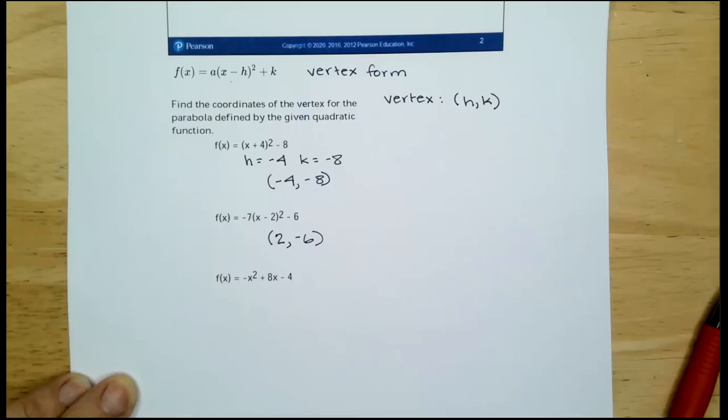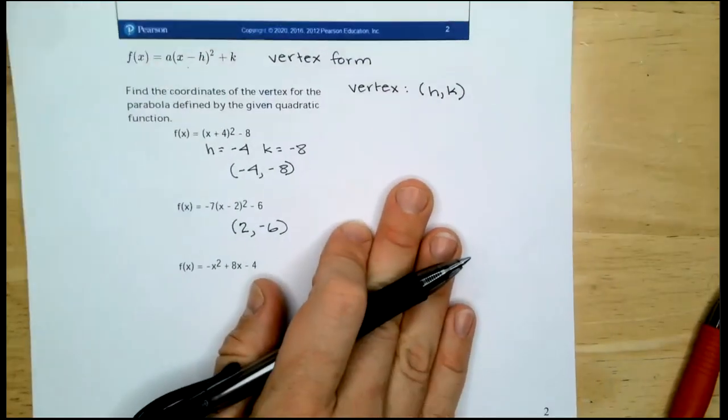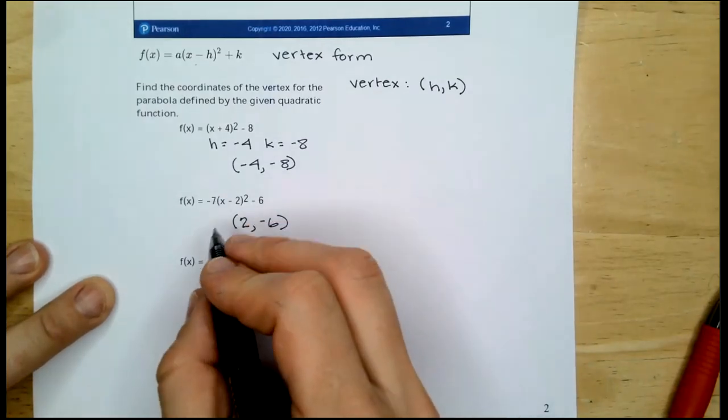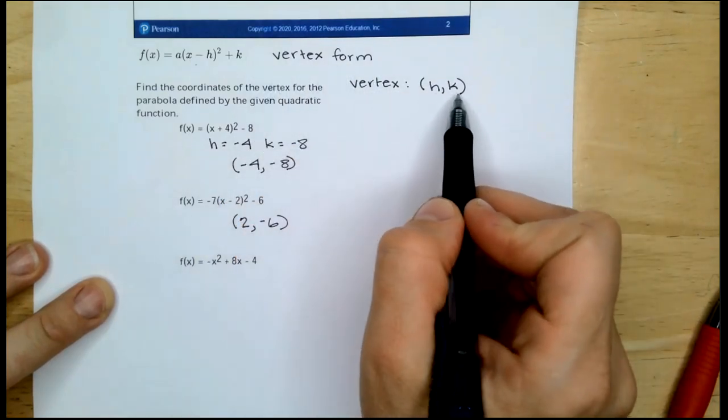Okay. The third example is just back to these kind of examples. So if they're just asking you to find the vertex, remember in vertex form, the vertex is just h comma k.